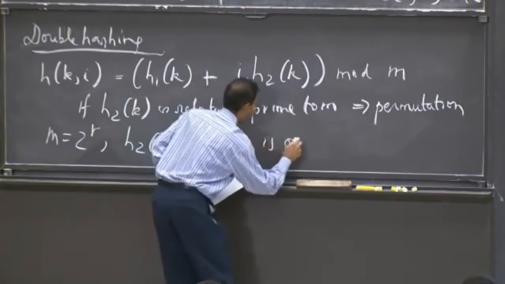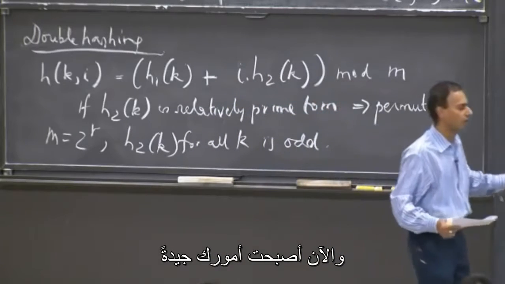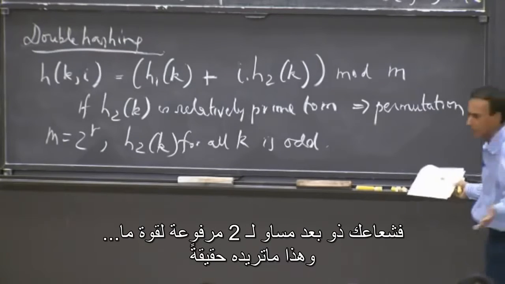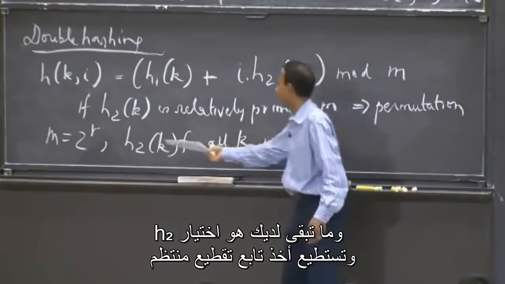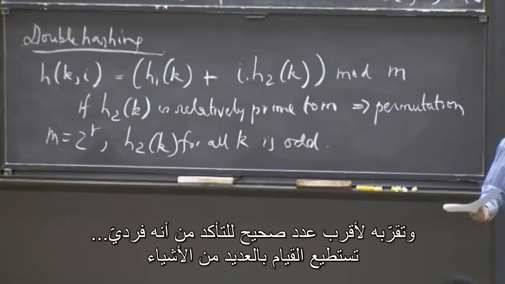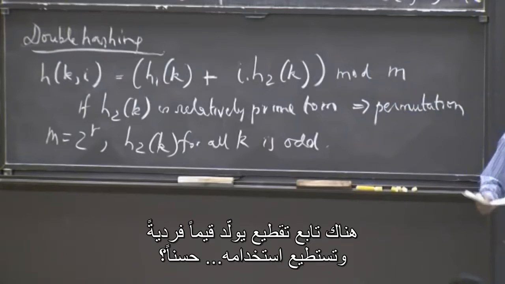And now you're in great shape. You can have your array size be 2 raised to something, which is what you really want, and you just choose your h2(k). You can even take a regular hash function and truncate it to make sure it's odd. You can do a bunch of things. There are hash functions that produce odd values, and you can use that.